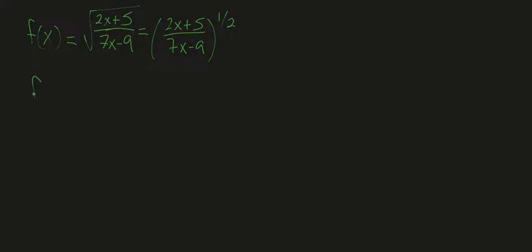Now when we take the derivative, first we have the chain rule. We're going to multiply by half. The inside remains the same. And then we're going to subtract the exponent by 1. And now we're going to multiply by the derivative of the inside of the parentheses.